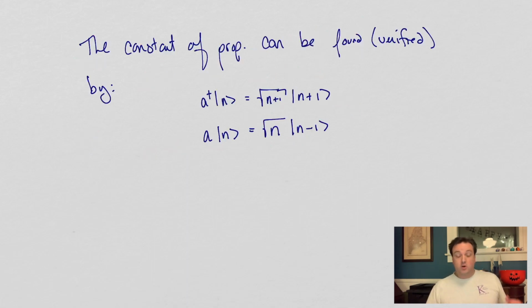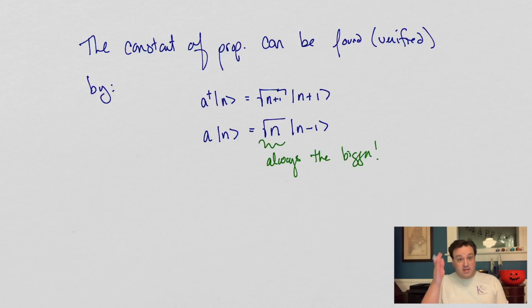And the constant of proportionality then, I can actually show you what it's going to be. We could use the process of having an unknown one and plugging it into things, but let me just give you what it is, and then I'll convince you of it. A dagger acting on n is going to be the square root of n plus 1 times the state n plus 1. A acting on n is going to be the square root of n times the state n minus 1.